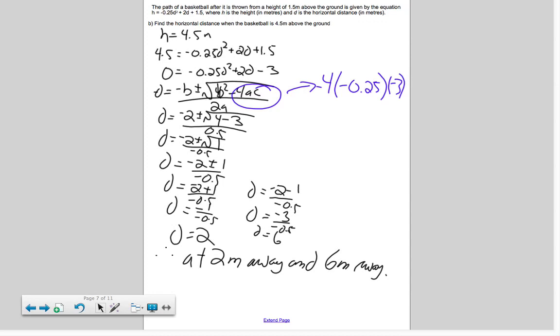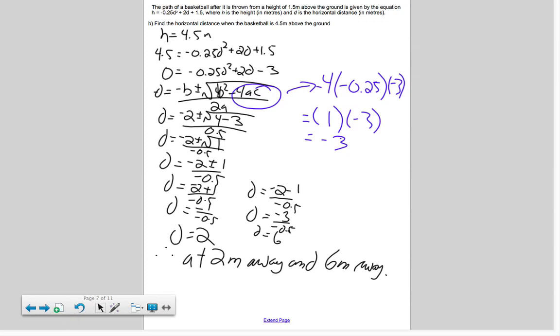It's actually negative 4. So negative 4 times the negative a quarter gives me a positive 1, and negative 3 here gives me the negative 3. Right, so that's 4 minus 3. So this one we probably could have factored. Worked out pretty nice.